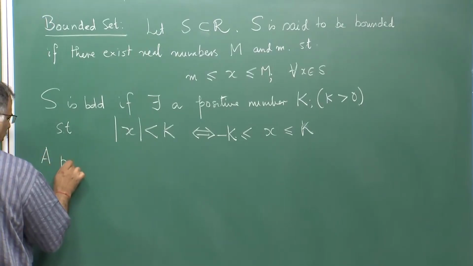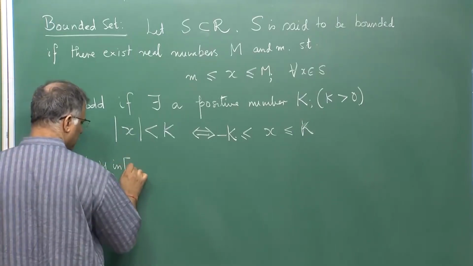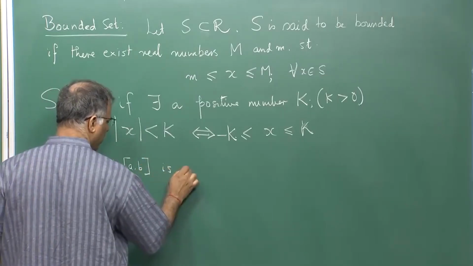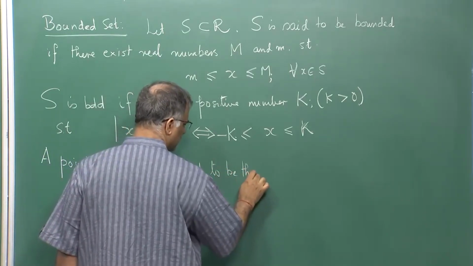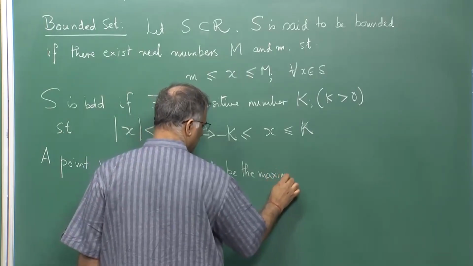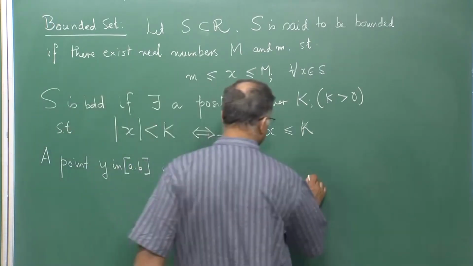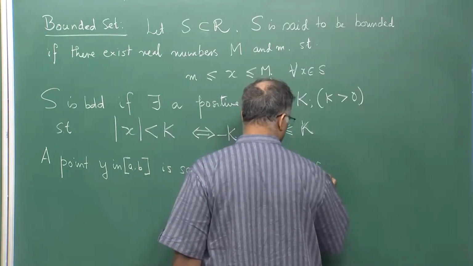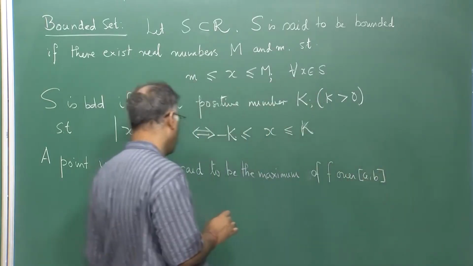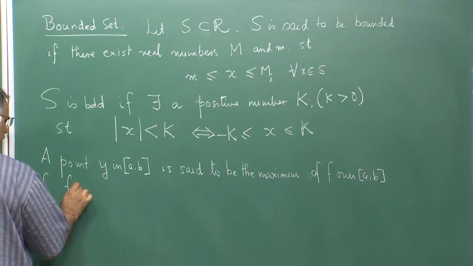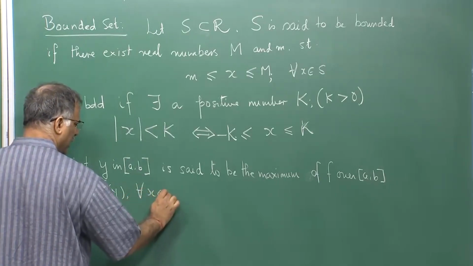So, a point y in AB is said to be the maximum of f over AB if f of x is less than or equal to f of y for all x in AB.